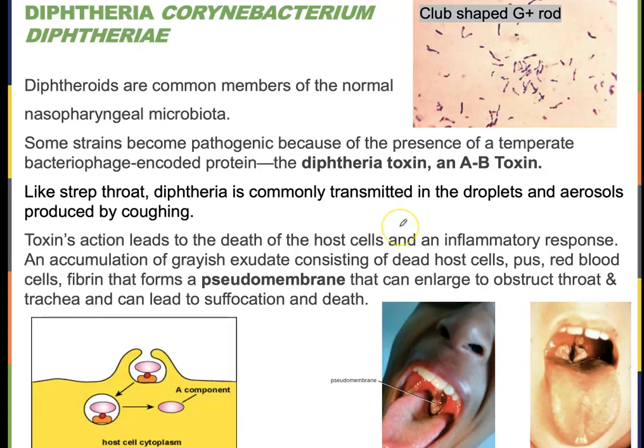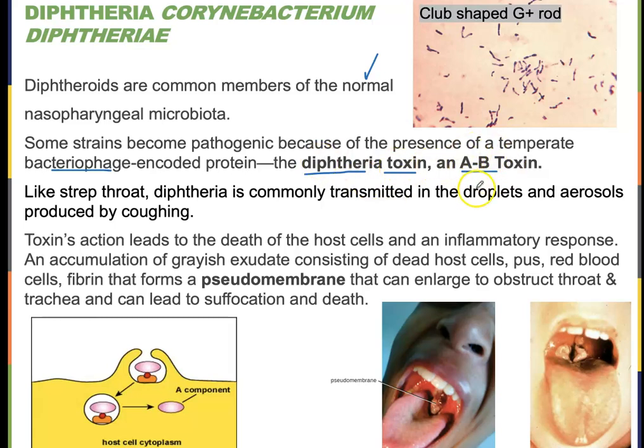All right, our next bacteria is the disease diphtheria, Corynebacterium diphtheriae. We saw before that it is part of our normal flora. Some strains become pathogenic because of, here we go again, that bacteriophage. The bacteriophage gave this Corynebacterium diphtheriae something called an AB toxin, called diphtheria toxin.